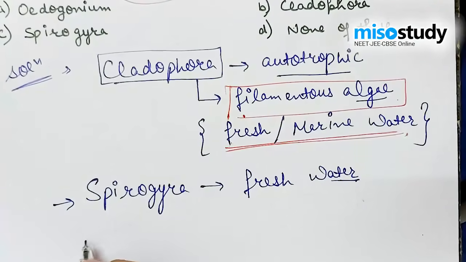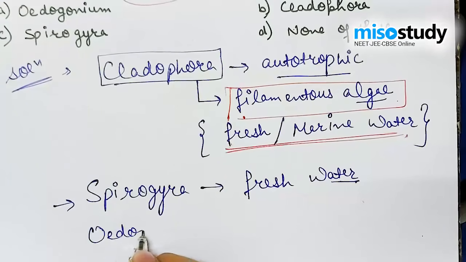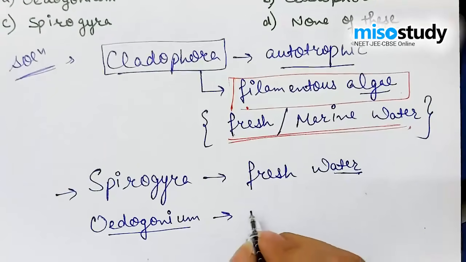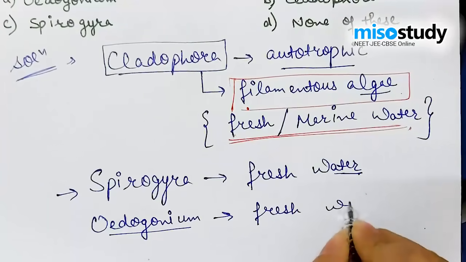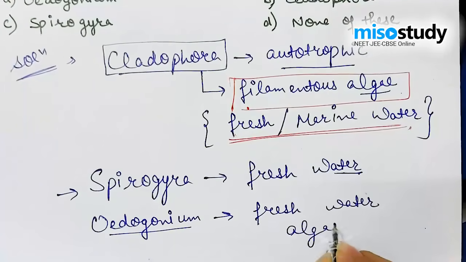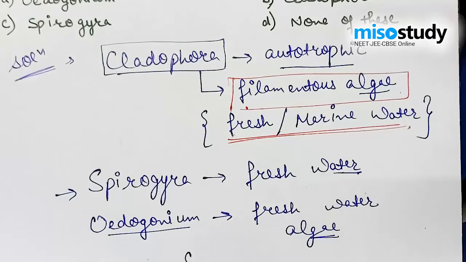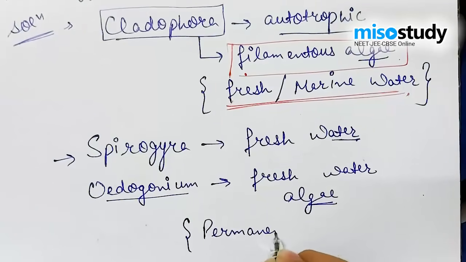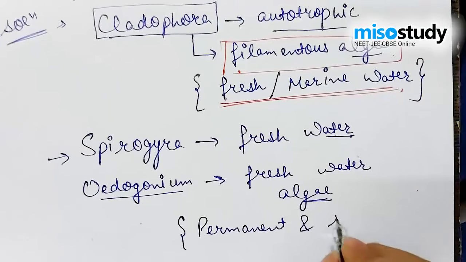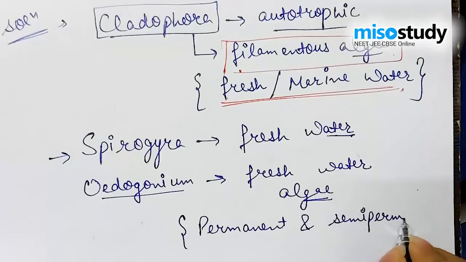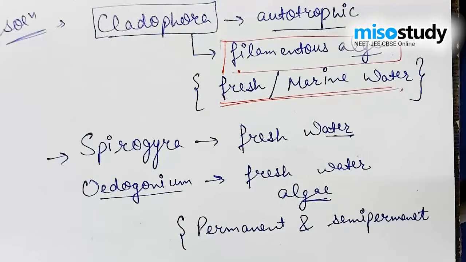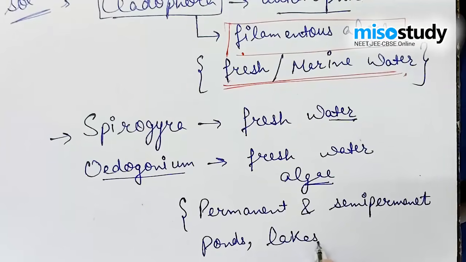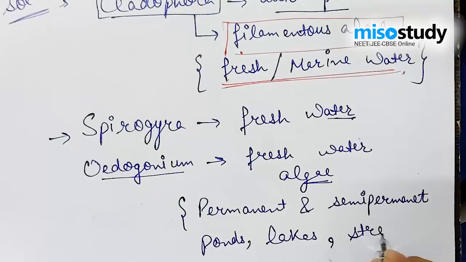And when we discuss Oedogonium, we again know that Oedogonium is a freshwater alga that generally grows in permanent and semi-permanent ponds, lakes, streams, etc.